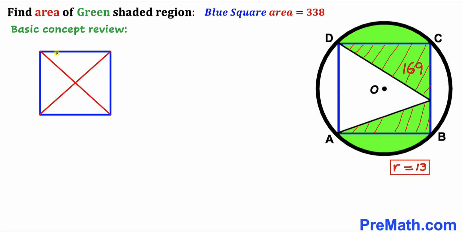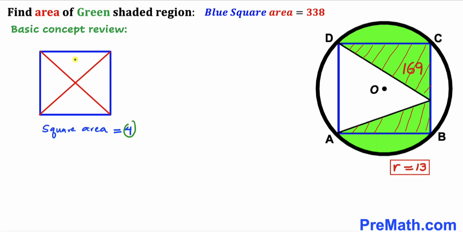And if the area of this triangle is A, then the area of this other triangle is going to be A as well. And likewise, this area is going to be uppercase A, and finally this area is going to be A as well. Let's assume the square area is 4.